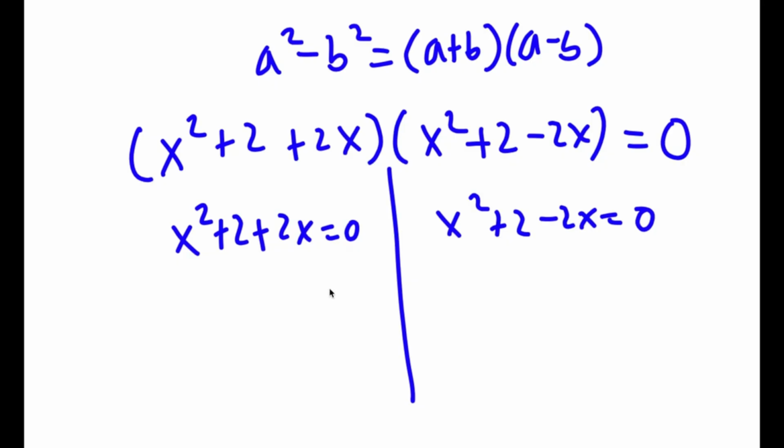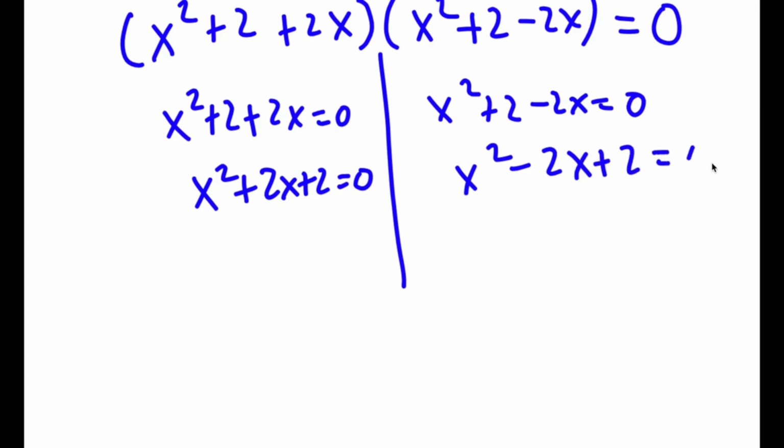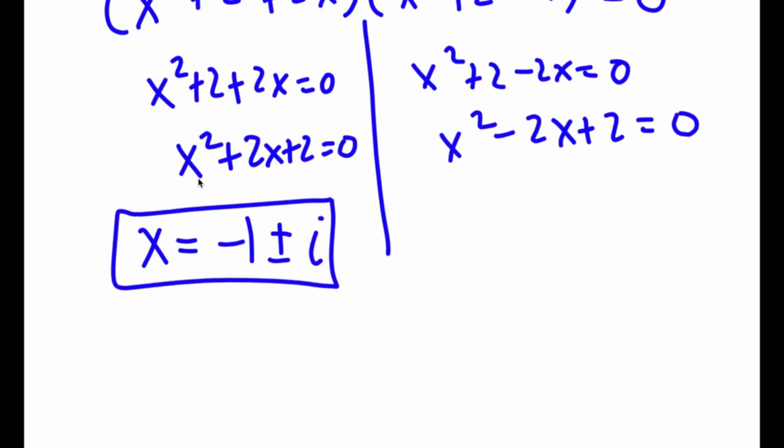So to solve these, all we have to do is simply plug these into the quadratic formula. So I'll rewrite this as x squared plus 2x plus 2 is equal to 0, and I'm going to rewrite this as x squared minus 2x plus 2 equals 0. So I'm actually not going to waste your guys' time and put these in the quadratic formula. I'll just say that x, if you go ahead and simplify, plug this into the formula and simplify, you get that x is equal to -1 plus or minus i. So these are the two solutions for x squared plus 2x plus 2 equals 0.